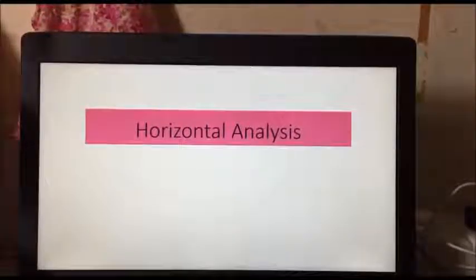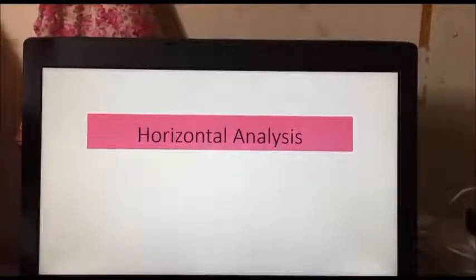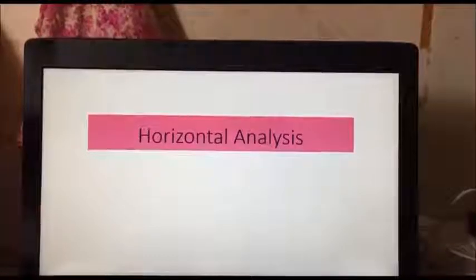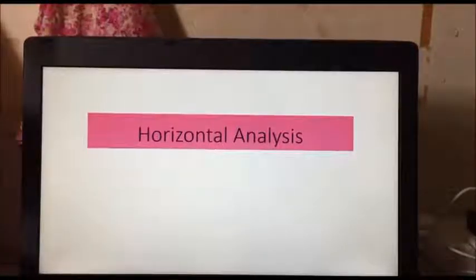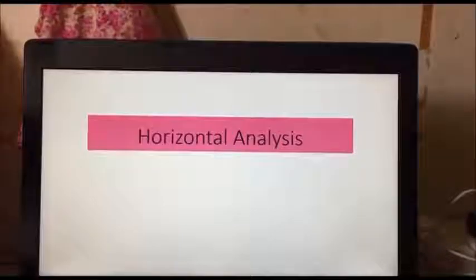Horizontal analysis, which is also known as trend analysis, is a financial statement analysis technique that shows changes in the amounts of corresponding financial statement items over a period of time. It is a useful tool to evaluate the trend situations.